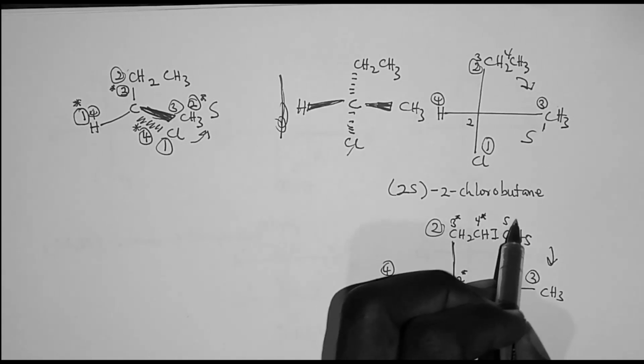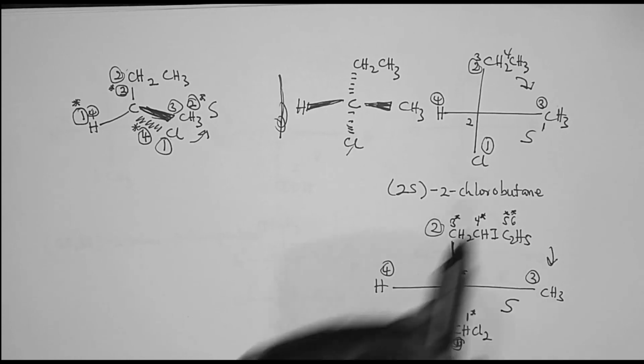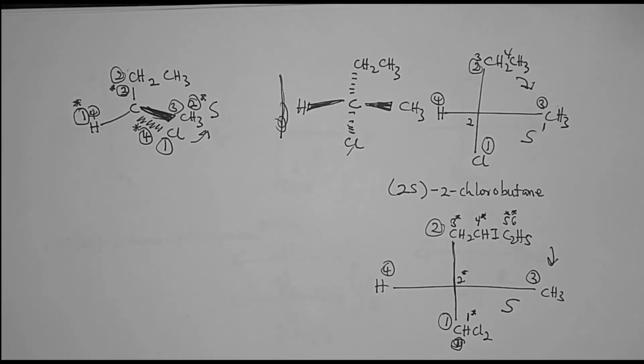So the 5th and then the 6th carbon. So 6 carbons, and that makes it a hexane. However, we have a substituent here, which is a methyl group, and there is a 2S configuration here, so we need to show it.